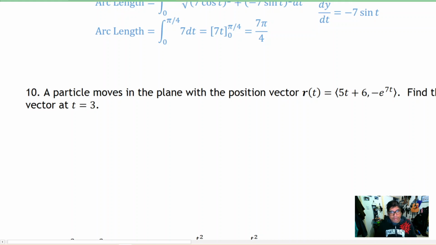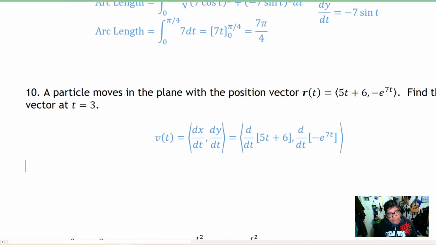The velocity vector, v of t, that's just equal to dx dt, dy dt. And that's just the derivative of 5t plus 6, and then the derivative of negative e to the 7t. The derivative of 5t plus 6, that's just 5.